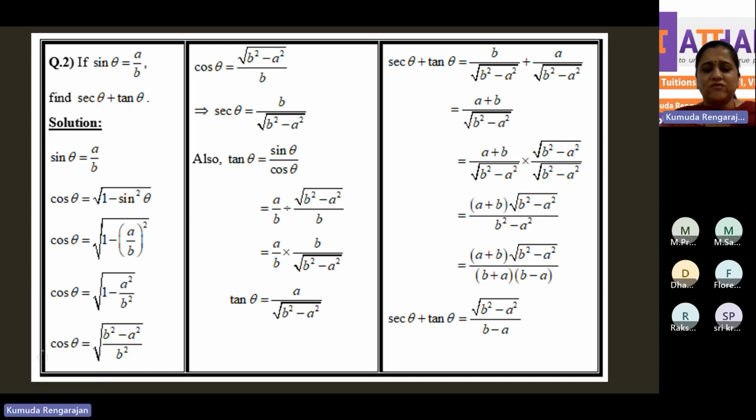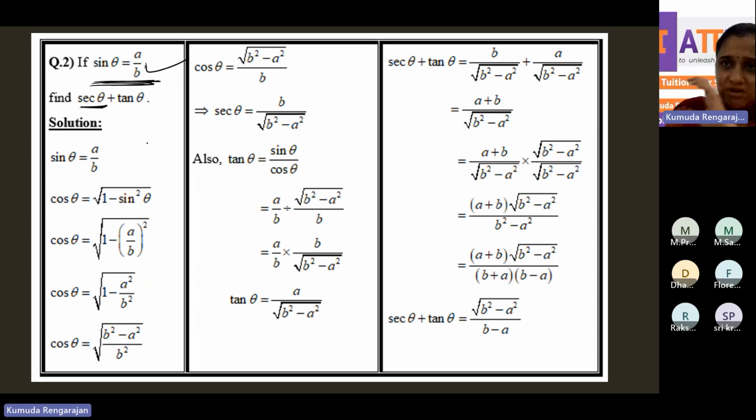See, again, this is not a fixed method. You can do it using different identities also. We have to find secant. So this method is not using the right triangle, but using trigonometric identities. When you're given one ratio, like sine theta is equal to A by B, that is a trigonometric ratio.